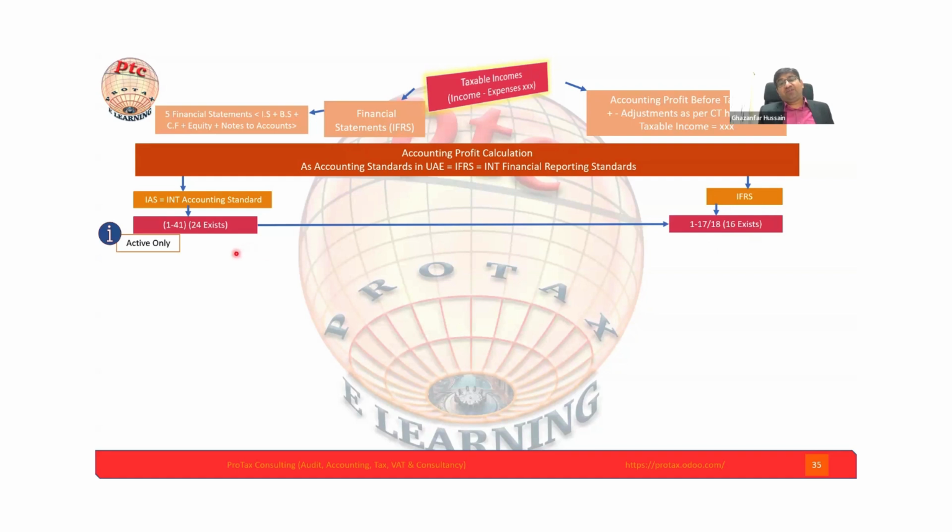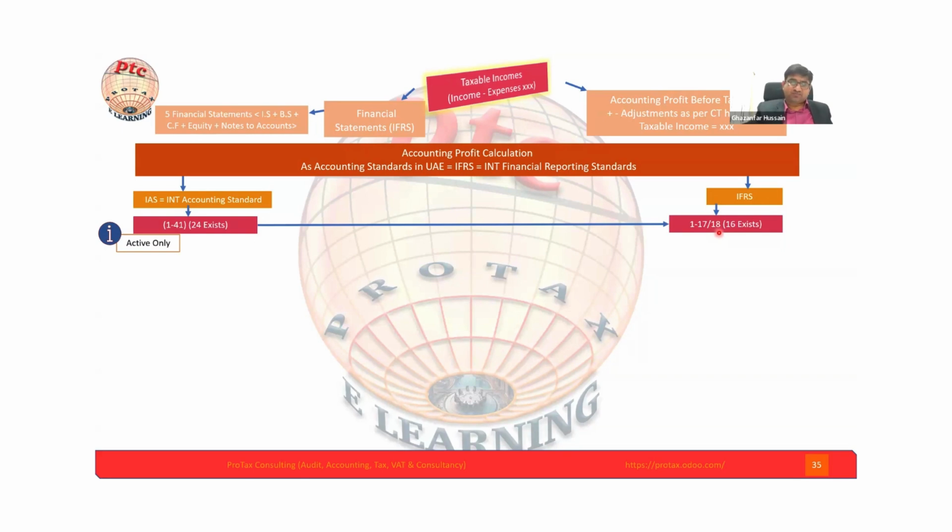And whatever is obsolete, as we use the word, has been converted into IFRS. So as of today, IFRS 17 is already there, because whatever was obsolete was converted to IFRS, or 18, because IAS 1 is also being converted to IFRS. IAS 1 will be converted to IFRS 18.